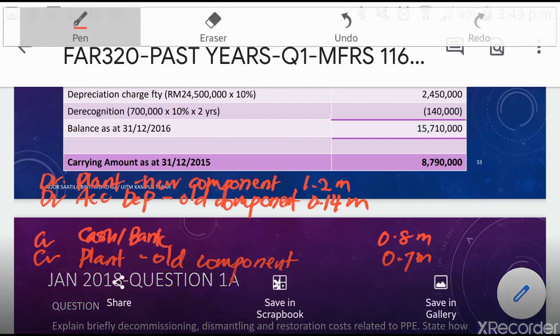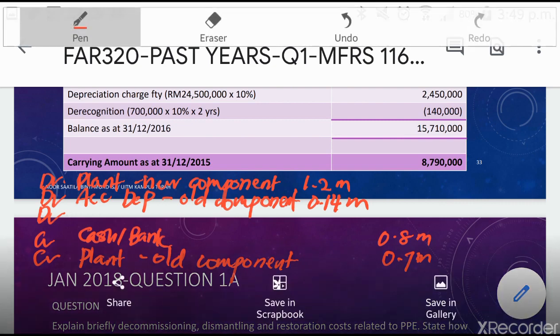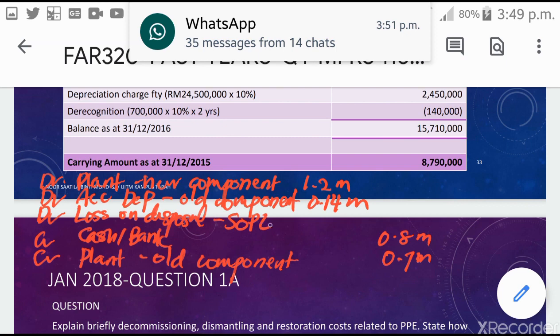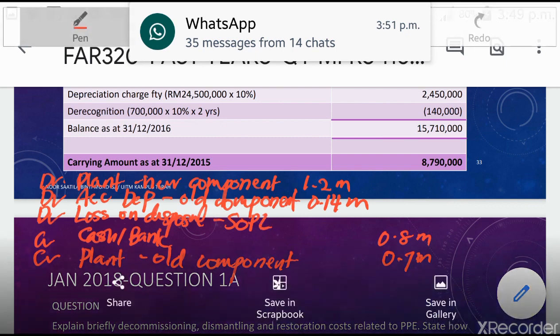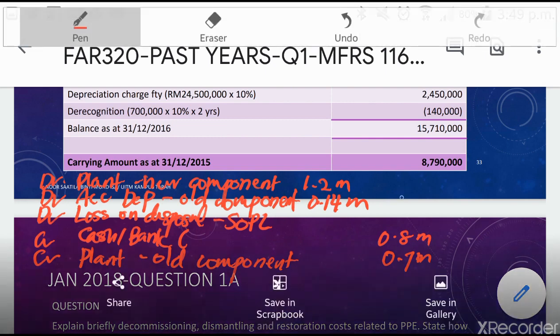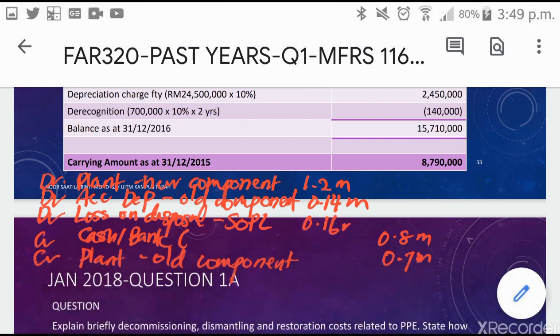And because of that action to derecognize or to replace the component, it will result in a loss. That loss on disposal, which is going to be put in the SOPL, is when you compare the carrying amount with the trade-in allowance. If you can recall, that one was done much earlier, and that was 0.16 million.